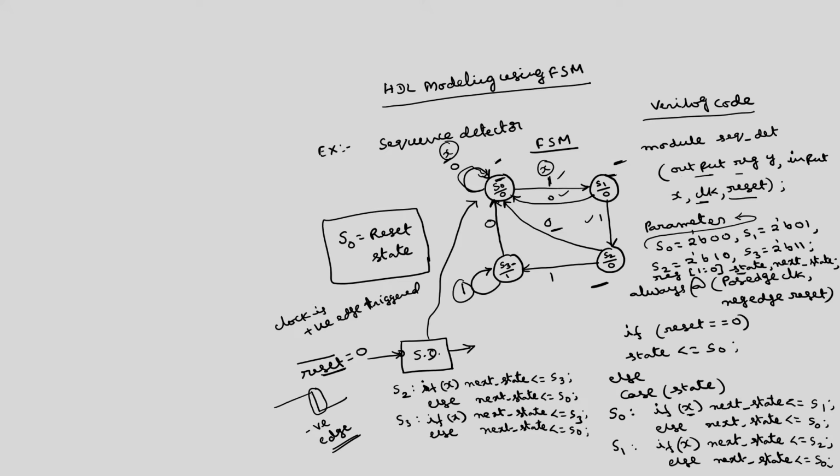So, this is about the description of the state diagram. Then what about the output? Only in S3 state the output is equal to 1. You can see that in S0 the output is 0, S1 output is 0, S2 also output is 0. Only for S3 we have output equal to 1. Okay.